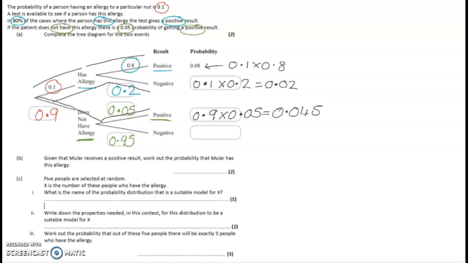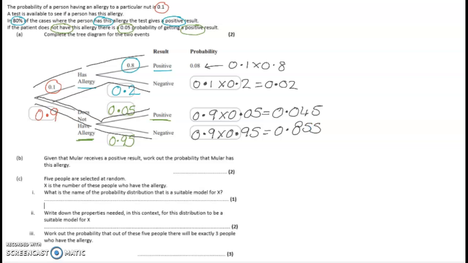And the final box is that I do not have the allergy and I get a negative result. So 0.9 times 0.95. And again, I'm going to do that on my calculator, 0.855.